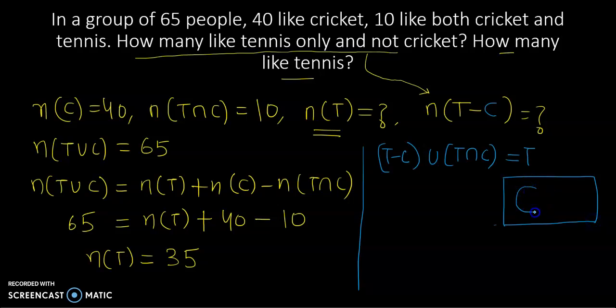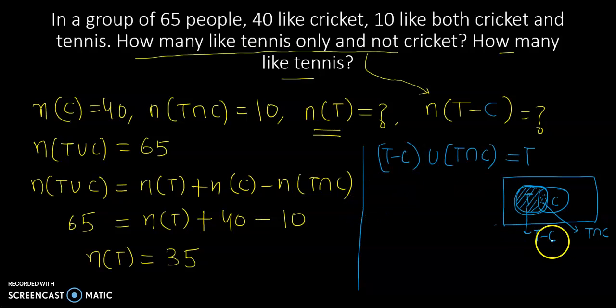This is T, let's say tennis. This is cricket. And T minus C means the elements which belong to T and are not a part of C. So that is T minus C, the shaded portion. And this dotted part is T intersection C. And if you see, their union is T only.